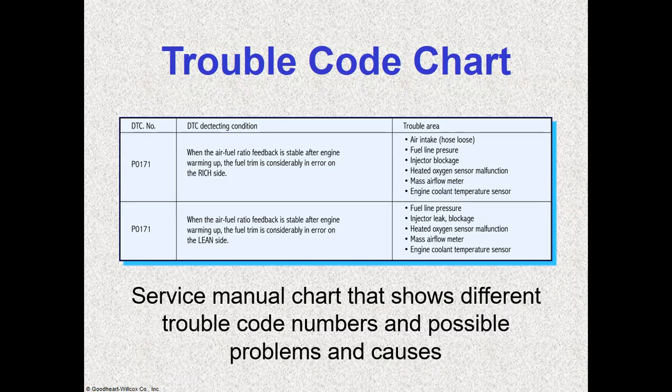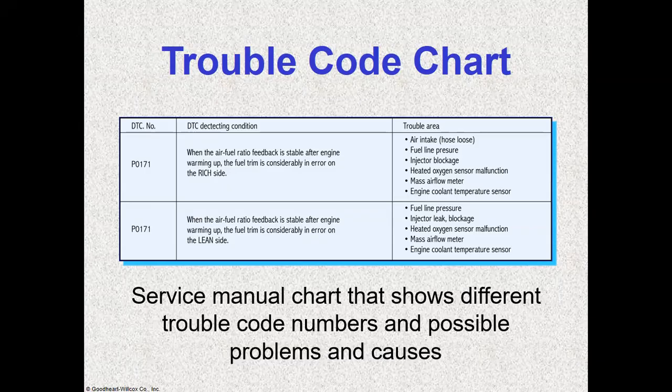So when the air fuel ratio feedback is stable after engine warming up, the fuel stream is considerably in error or on the rich side. So what I'm basically saying is before the vehicle warms up, the computer is in open loop, meaning the computer is not taking a reading from the sensor.